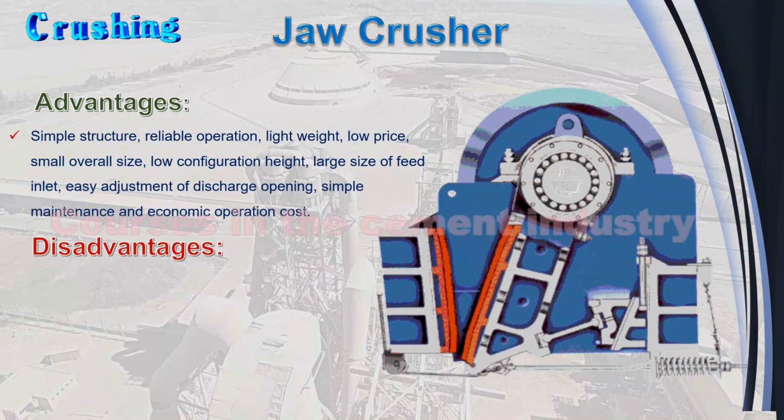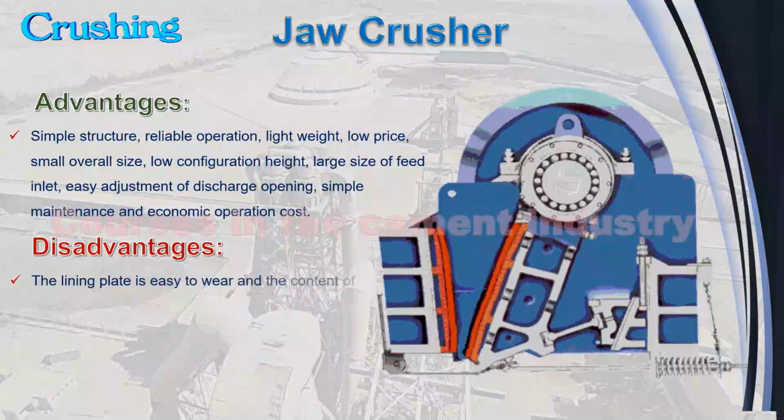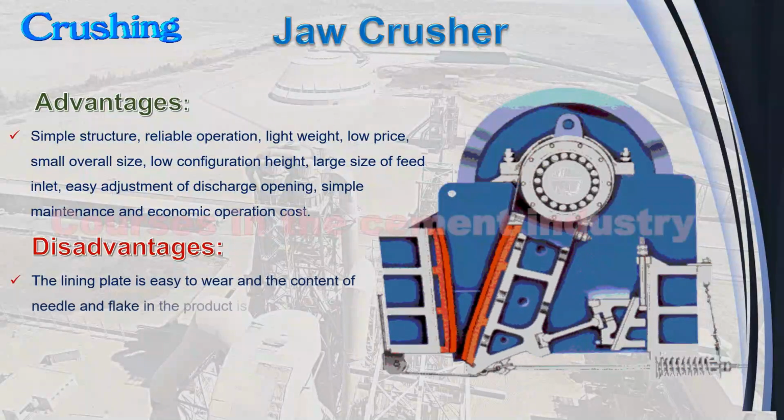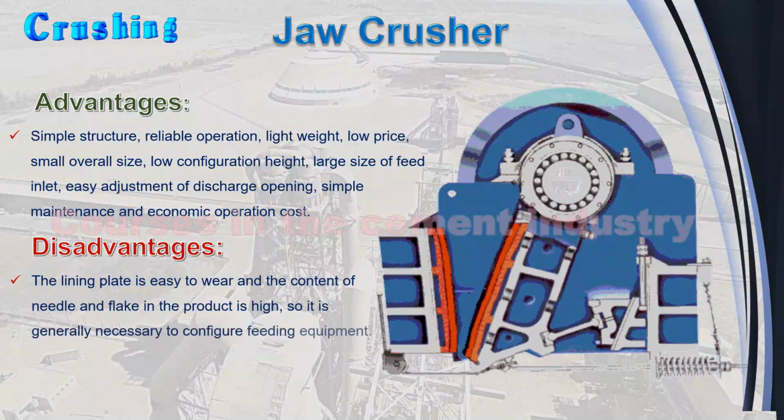Disadvantages of jaw crusher: the lining plate is easy to wear, and the content of needle and flake in the product is high. So, it is generally necessary to configure feeding equipment.